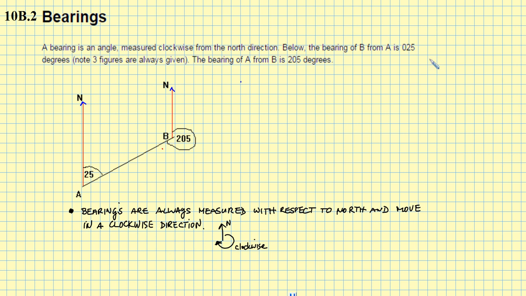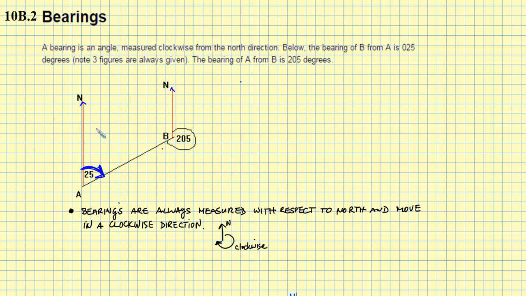The bearing of B from A is referring to starting at A and going towards B. So from A towards B in a clockwise direction, if you look at the diagram here, means that I am going with respect to north to the right in a clockwise direction 25 degrees.